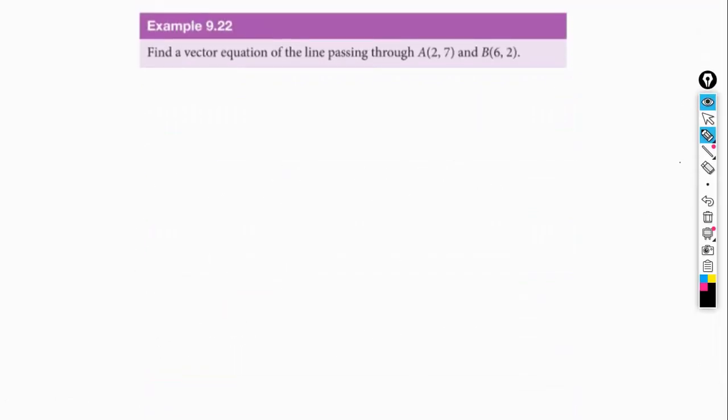So next we have example 9.22, and it says find a vector equation of the line passing through A(2, 7) and B(6, 2). So here we need a vector. AB would be a good vector here, and AB is obviously equal to 6 minus 2 and 2 minus 7. So this vector is going to be (4, -5).